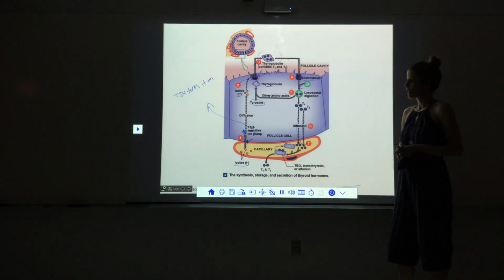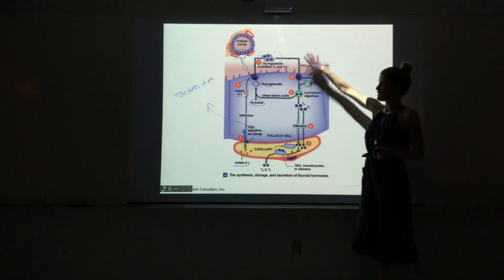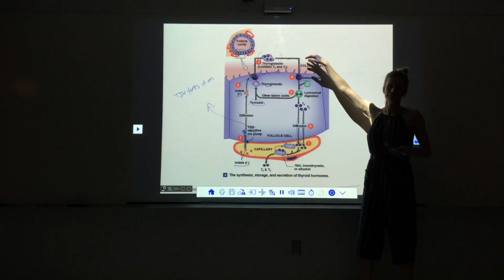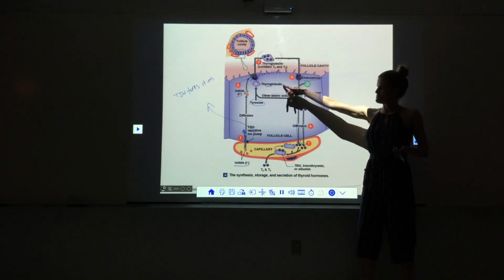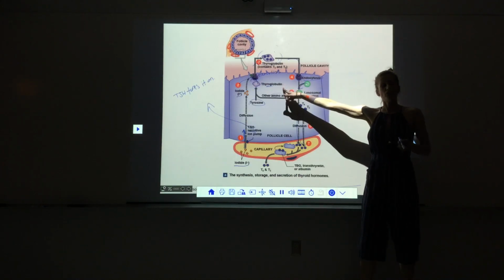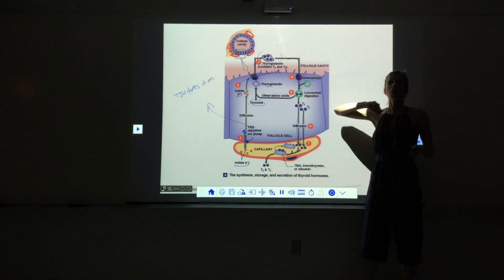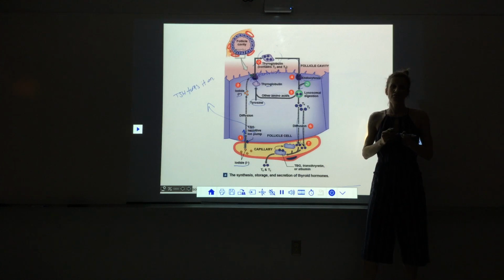So the key is the whole follicle is involved in the production of thyroid hormones. Thyroglobulin is the protein that's important. What amino acid do we utilize from the thyroglobulin? Tyrosine. What ion do we put on it? Iodide. How many? 3 or 4.